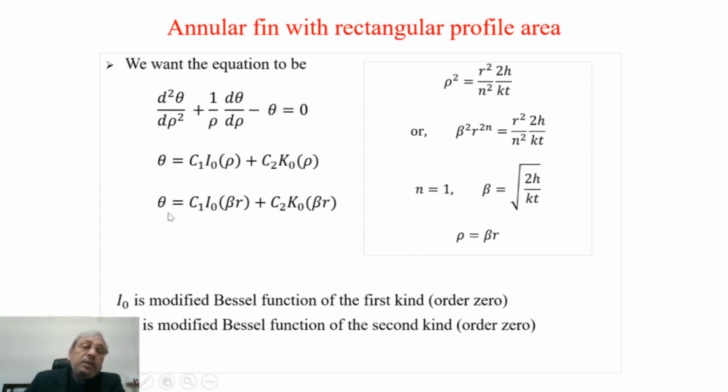So now we can say theta equal to C1 I naught beta R plus C2 K naught beta R. I naught is the modified Bessel's function of the first kind, order 0, and K naught is the modified Bessel's function of second kind, order 0.